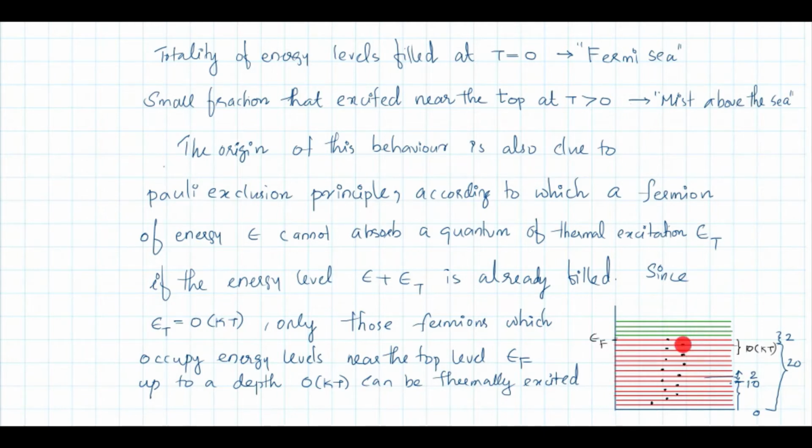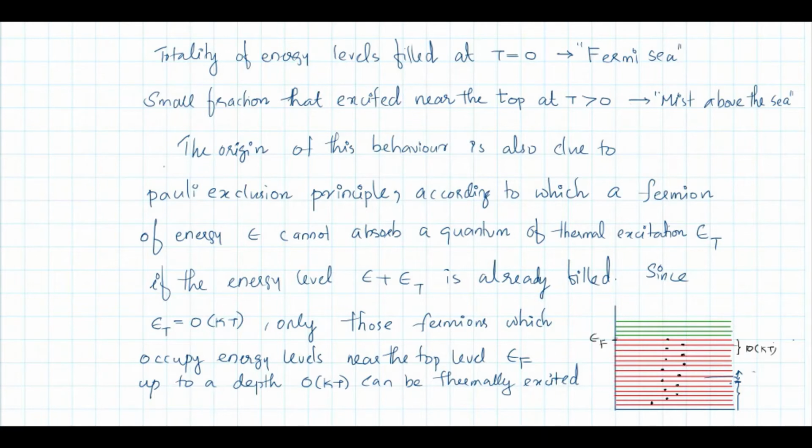So no issue for this particle to go to this state. So it can get thermally excited. But for this particle, it is not possible to get excited by absorbing this much energy. So if the temperature is very small, only particles from this width can get excited. So this is also a consequence of the Pauli exclusion principle.